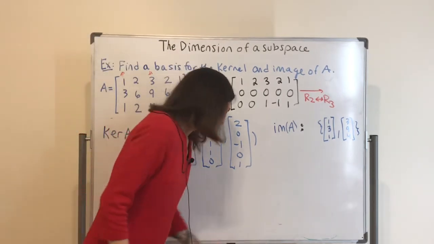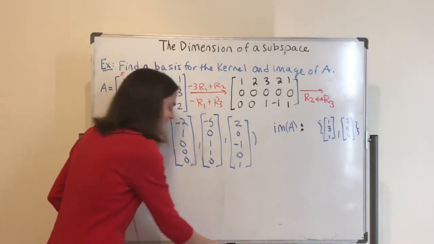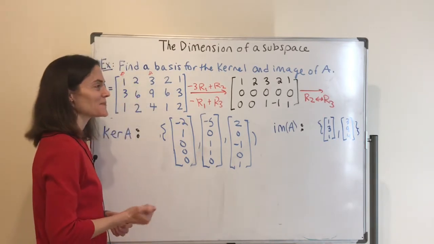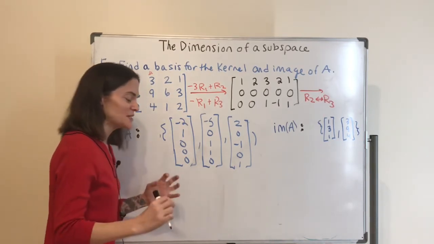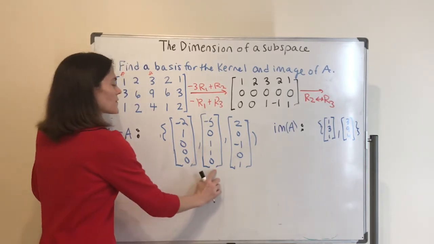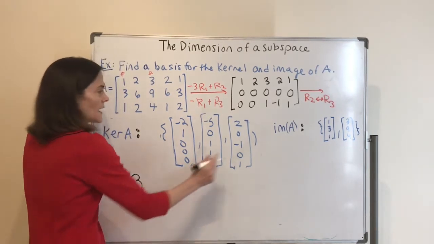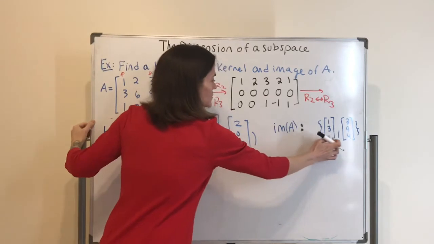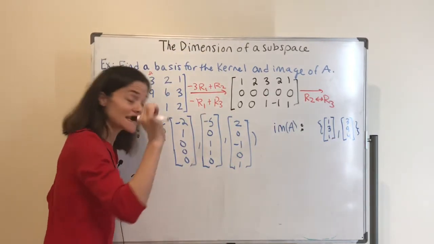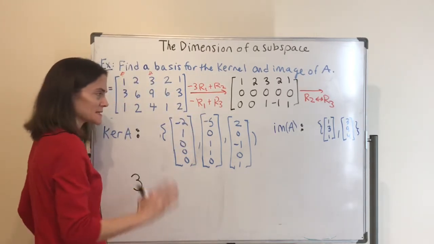Okay, now let's make one more comment because I'm going to come back to this later. We're going to get to today a really big theorem in linear algebra, and I alluded to it 2 videos ago even. But what we see here, if you take the number of things in the basis for the kernel, we have 3. If you take the number of vectors in a basis, and right now I can only say in this basis, but we will see momentarily, I will say some more things.